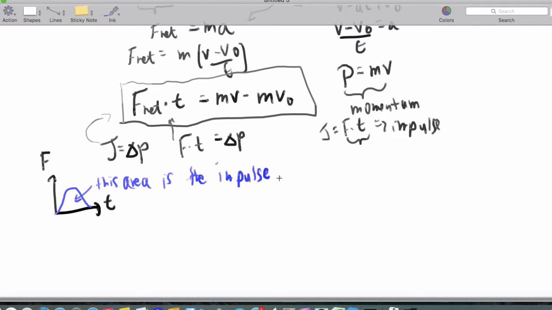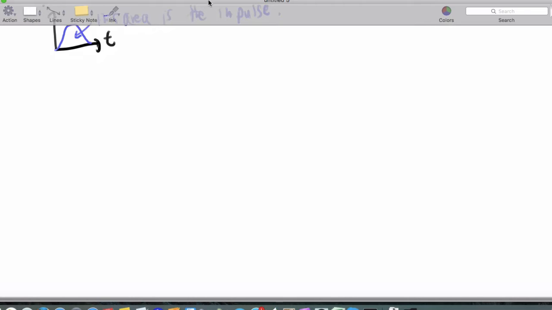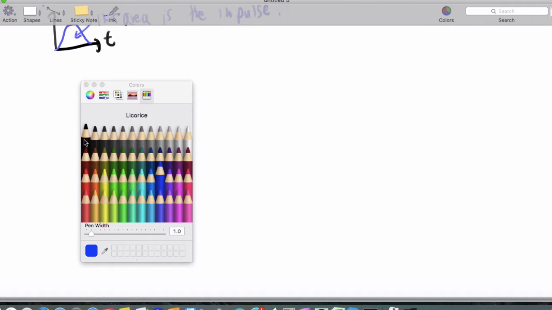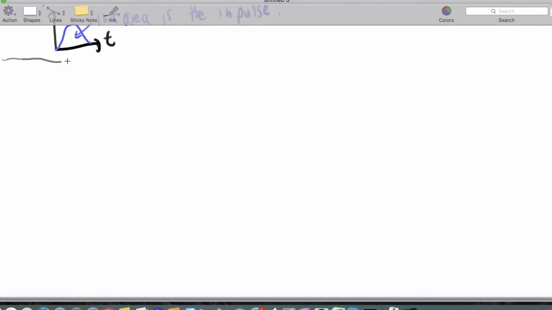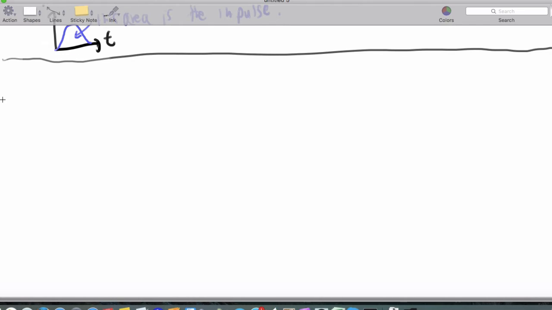Actually, it's a pretty significant idea because it's a conservation law. So here's the idea. Suppose I have two objects, I'll call them A and B, or 1 and 2, and they're rushing at each other. So m1 moves at a velocity v1, m2 at a velocity v2, and these are initial velocities.